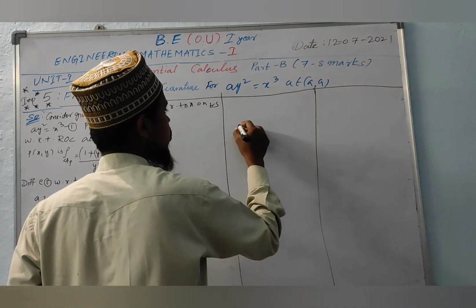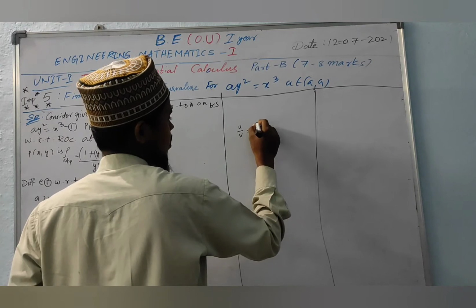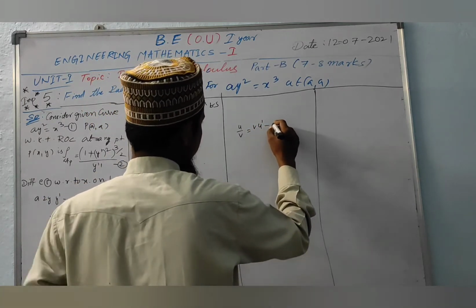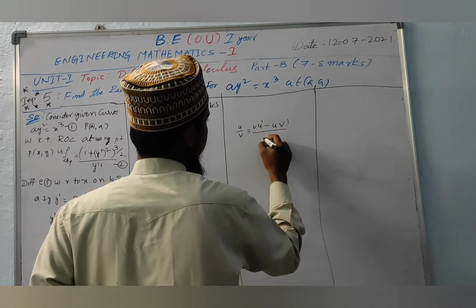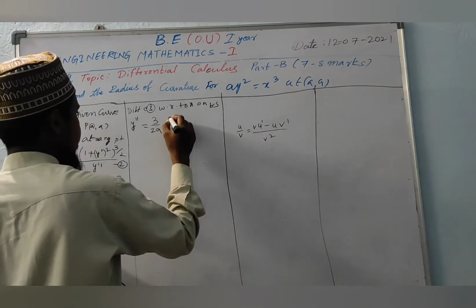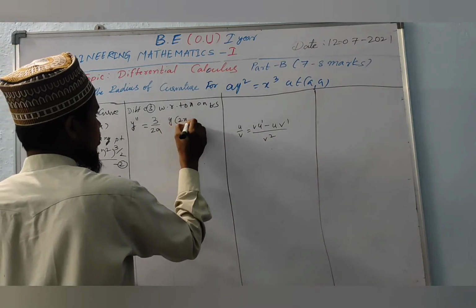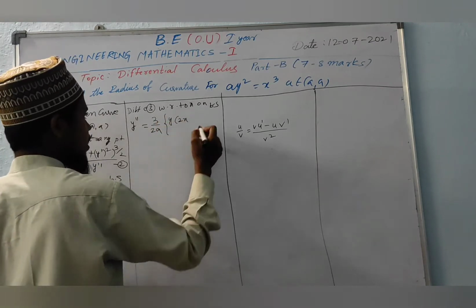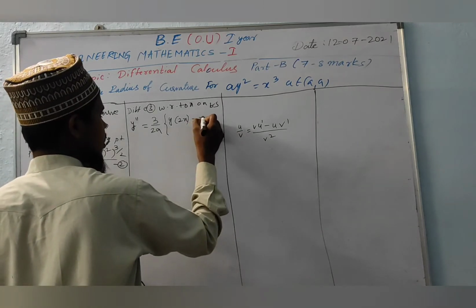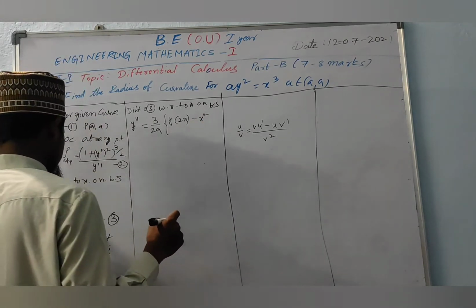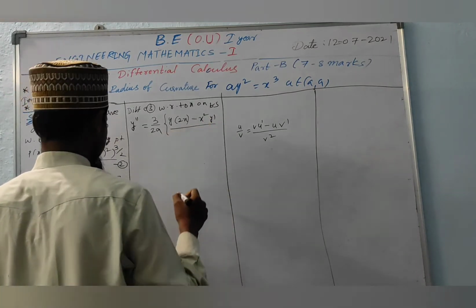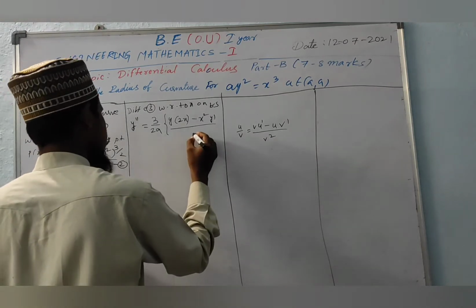We know the formula for u by v: v into u dash minus u into v dash by v square. See, this is u, this is v. So v means y into 2x, minus u into x square y dash, by y square.